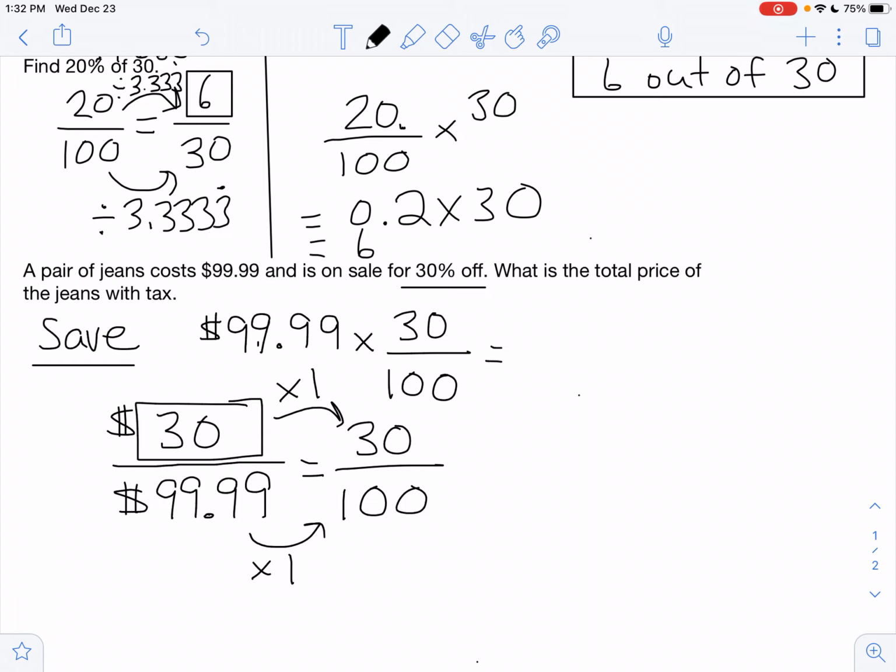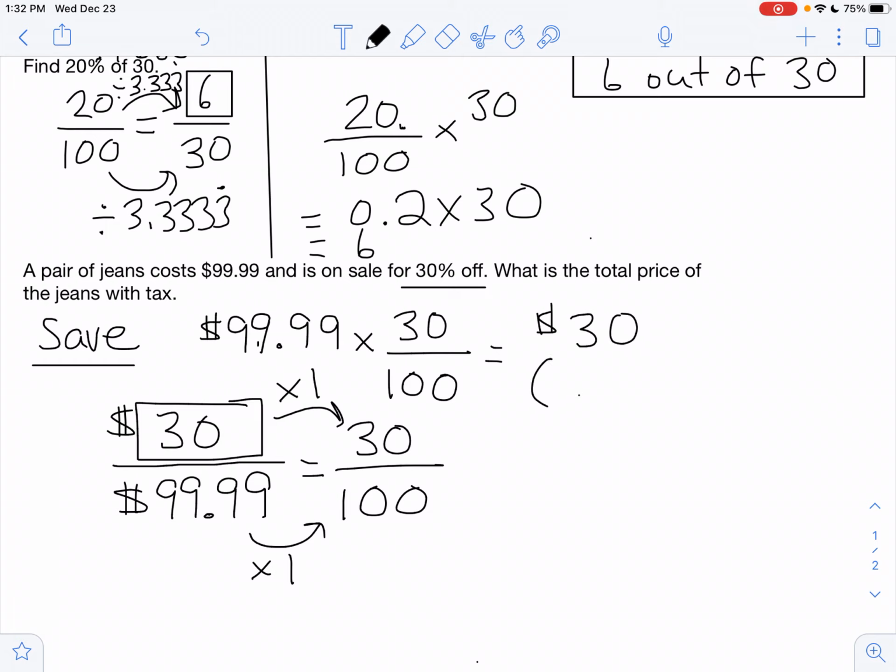So we're going to do $99.99, so almost $100, times 30 divided by 100. So we end up with 29.997, but of course we aren't going to pay 99 7/10 cents. So we are going to take this and we are going to round it. That 7 bumps the 9, that 9 bumps up again, and the whole number is going to bump up to $30 if we're talking about money.